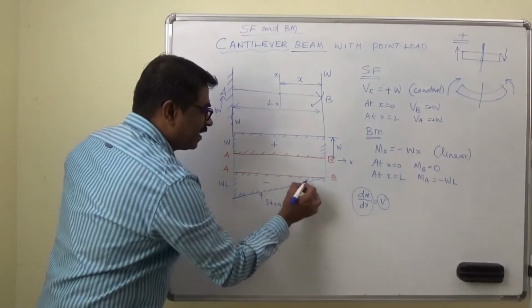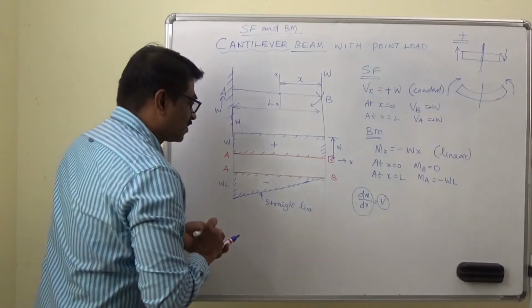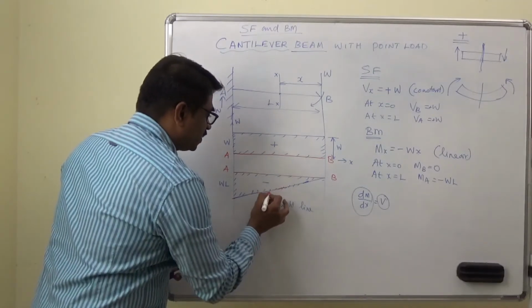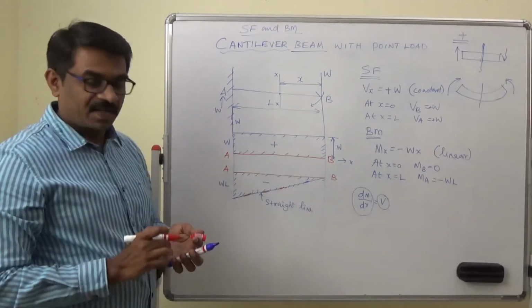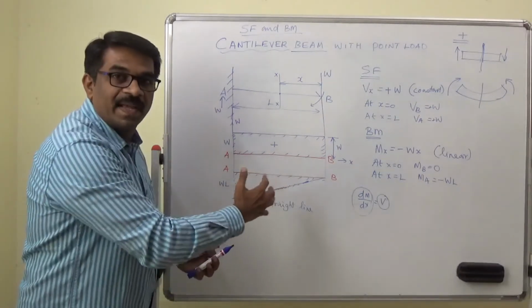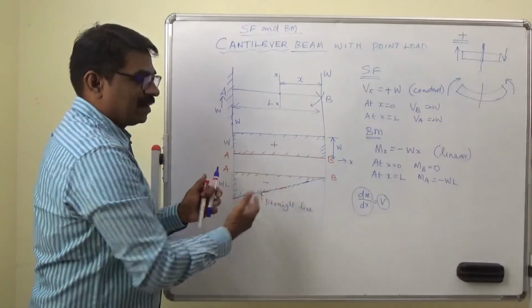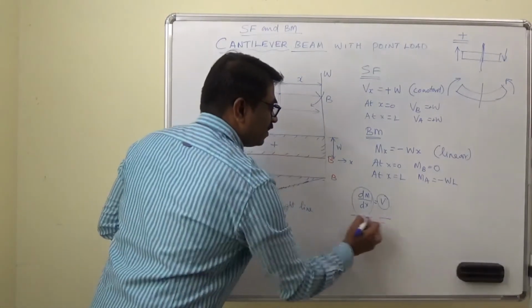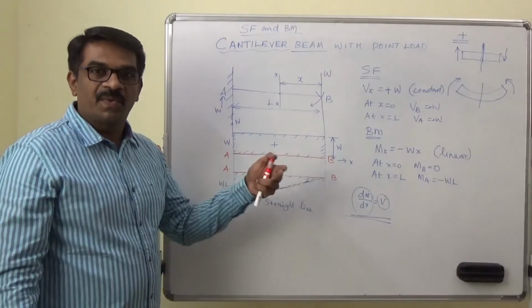When it is a straight line, the slope is constant here, constant here, constant here. Throughout it is constant. So that is how we get the relation between shear force and bending moment using this small expression. We will move on to the next problem now.